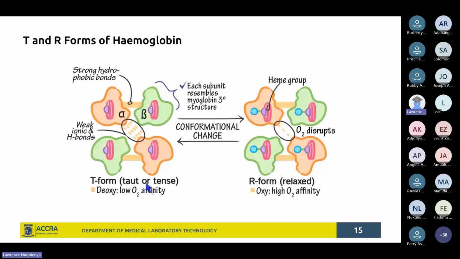Now, what do you see? You see that between the alpha subunits, you have some weak ionic bonds. You have some hydrogen bonds that are between them, holding these subunits together. You also have some strong hydrophobic bonds between the alpha and beta chains.